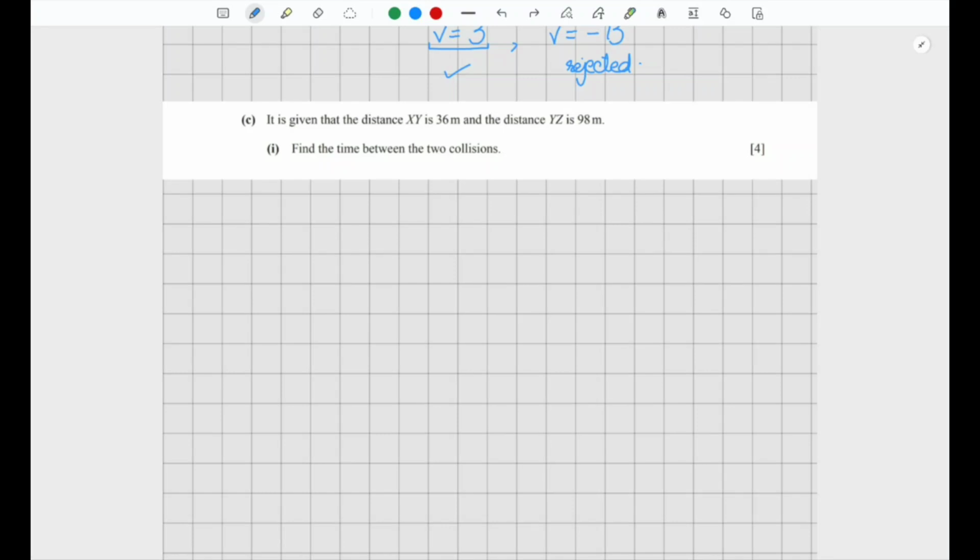It is given that the distance xy is 36 and yz is 98 meters. Find the time between the two collisions.